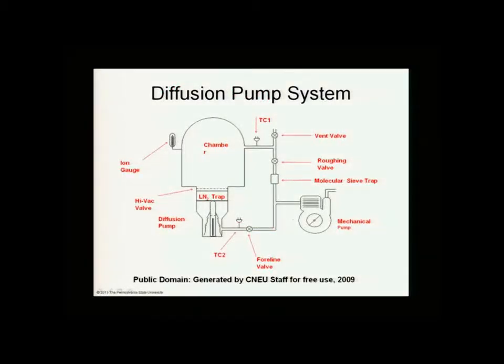So here's the overall system now. I put it all together. Here's our chamber where we're doing our processing. This R should be up here. So this is full of our little gas molecules bouncing around. Very few, we hope. Here's an ion gauge keeping track of what's going on, so we know this must be in a low pressure regime.